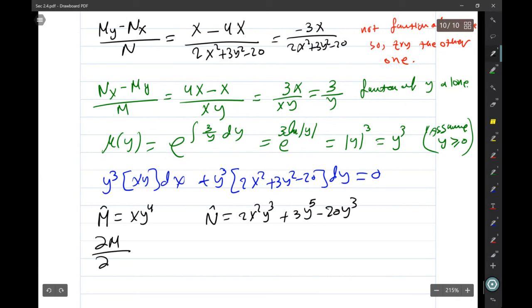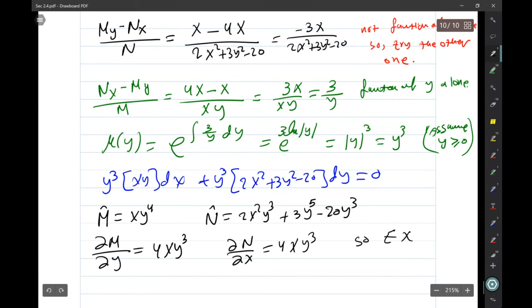Now dM by dy equals 4x times y to the power 3. What does dN by dx equal? Also 4x times y to the power 3.